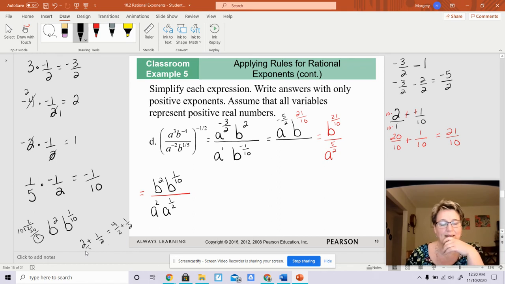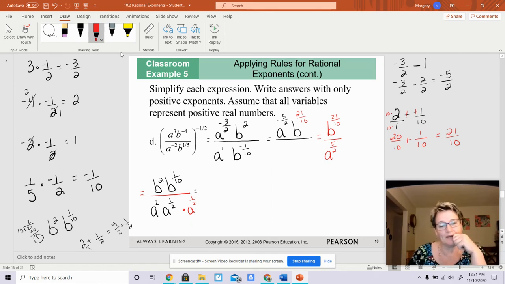I guess I could have taken care of this prior to actually reducing it first, but I can never have a fractional exponent in the denominator. So what I have to do right now is multiply this bottom by a to the 1/2. We all know that 1/2 plus 1/2 is 1, because it'll be 2 over 2.